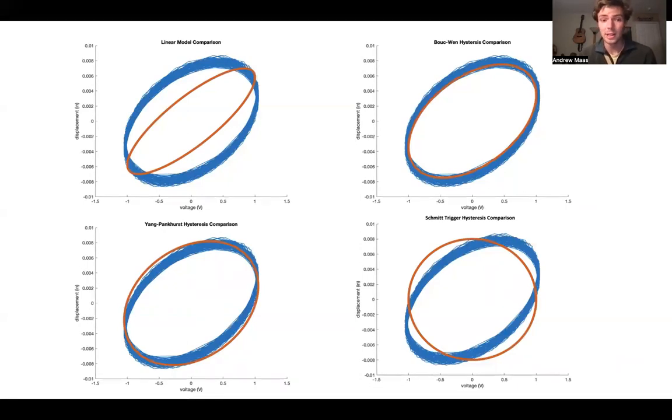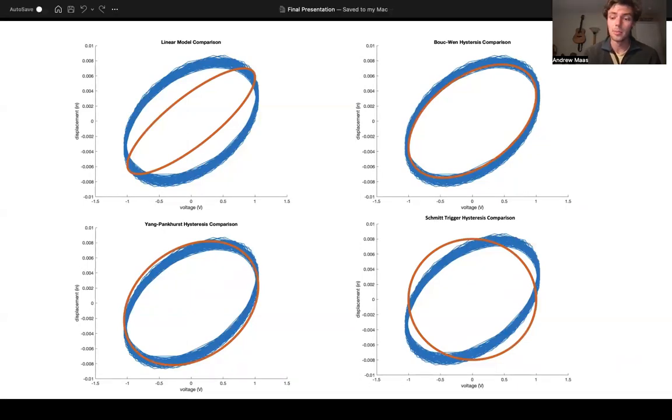It looks like the Bouc-Wen and the Yang-Pankhurst models are the best, followed probably by the linear model or the Schmitt trigger model, although that's a bit of a toss-up. But the primary component that we care to analyze is actually the error between the model and the experimental data. The lower the error between the model and the experimental data, the better the model.